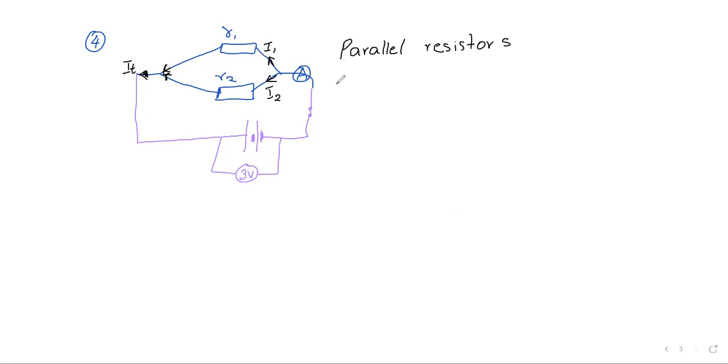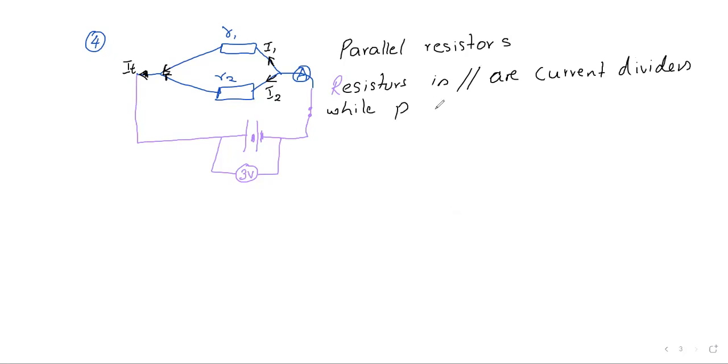We say resistors in parallel are current dividers, while the potential difference is the same across them.